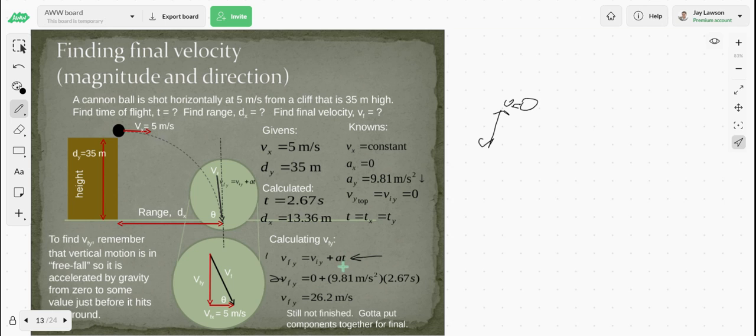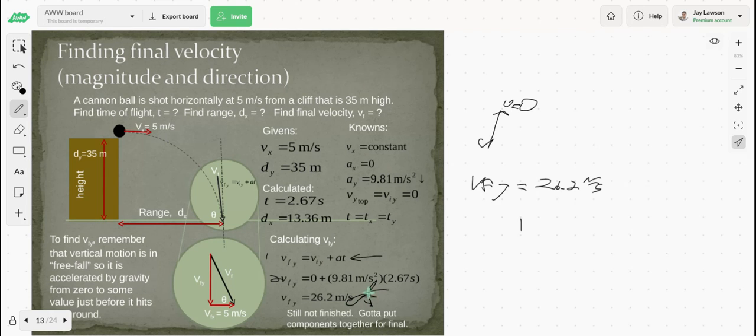The acceleration up and down is going to be acceleration due to gravity, 9.8, and the time is what we found earlier to be 2.67 seconds. And we substitute these values into our equation, and we get VFy is 26.2 meters per second. Now, we are not done. That is helpful and essential information, but it's not enough to solve it.